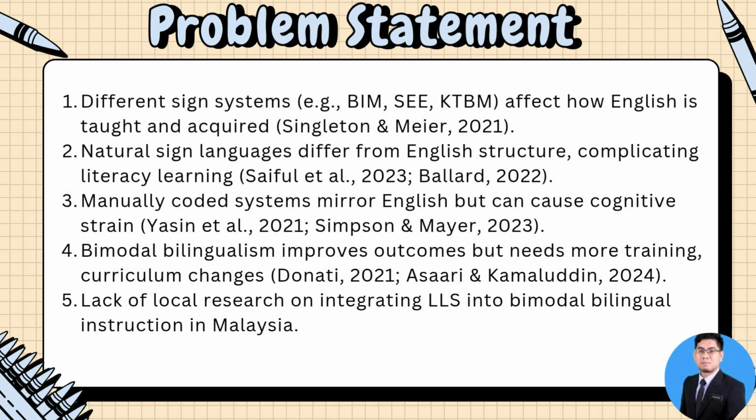Manually coded systems like SEE or KTBM are an attempt to represent English grammar visually. However, there are many challenges that can be identified when switching between these two sign systems.